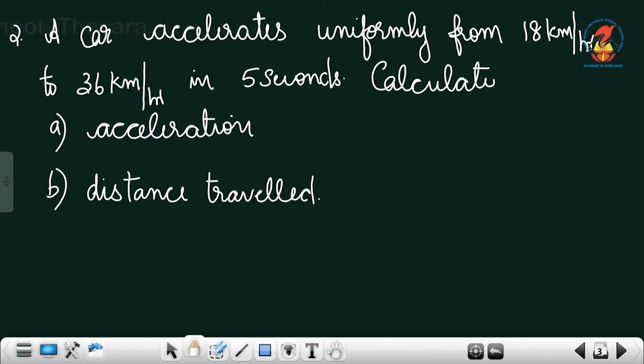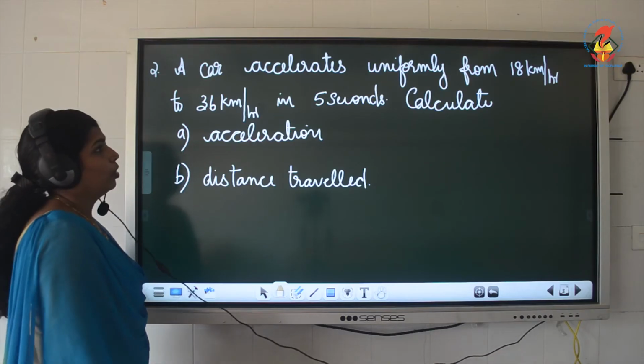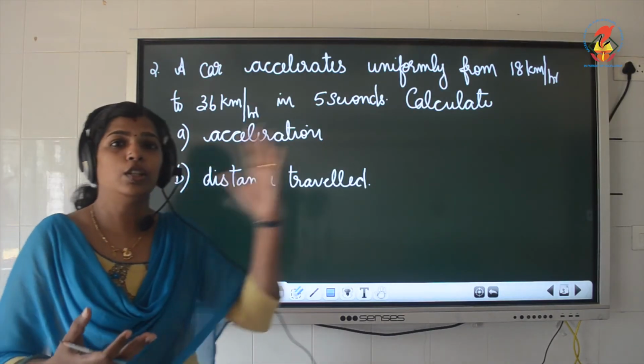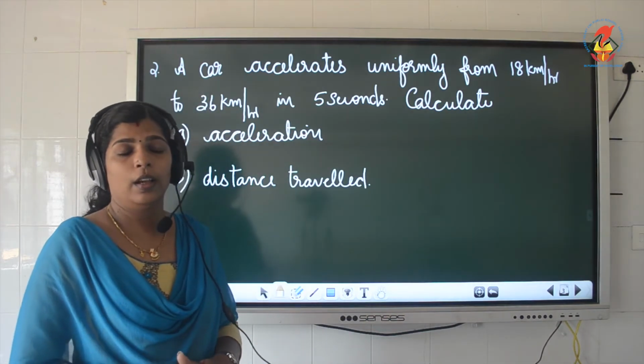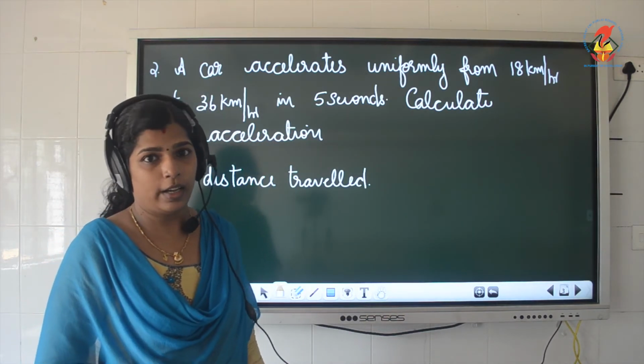What is the acceleration and the distance travelled? So, from one velocity to another velocity, initial velocity is the first one and final velocity is the last one.